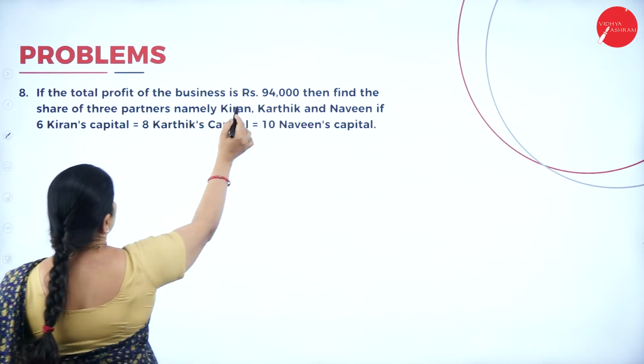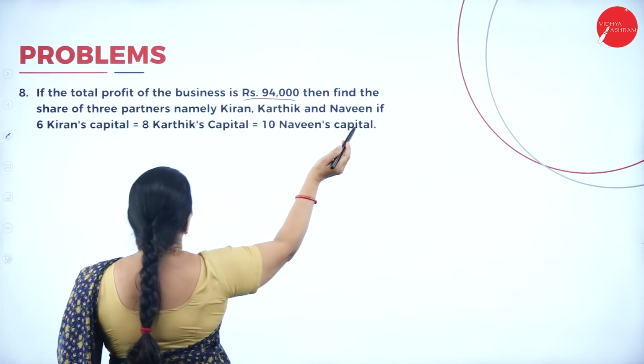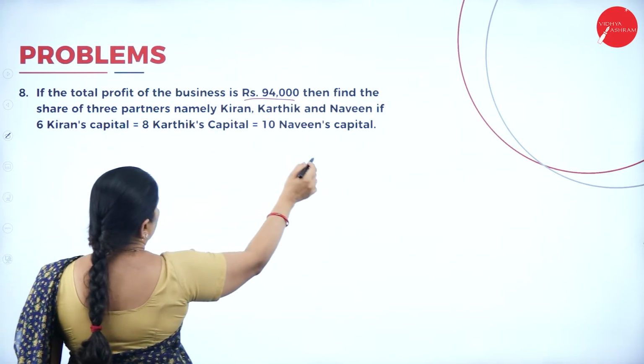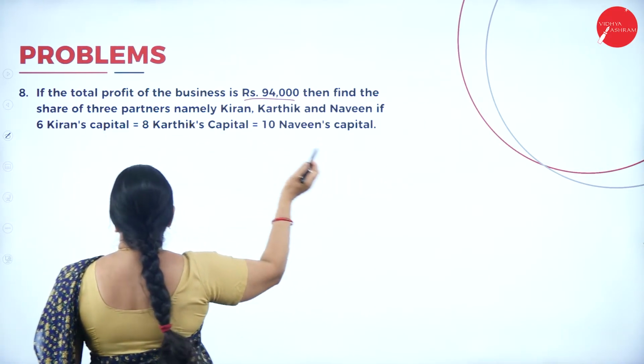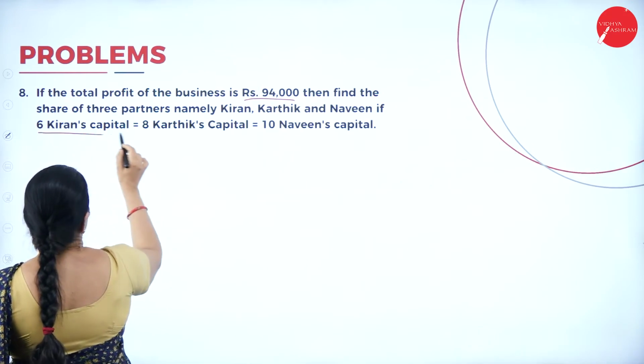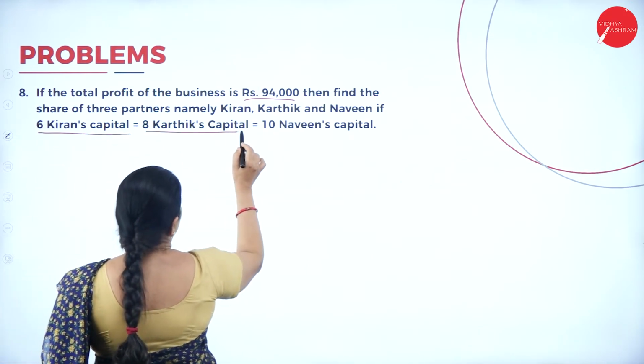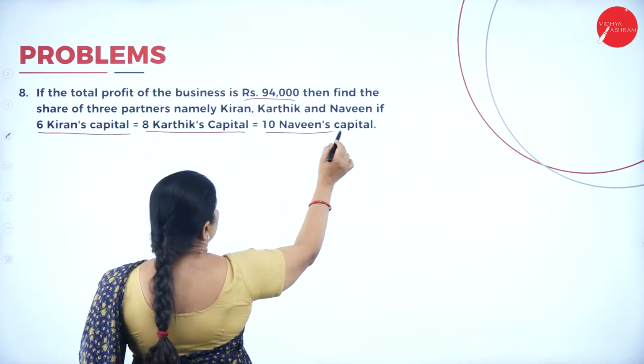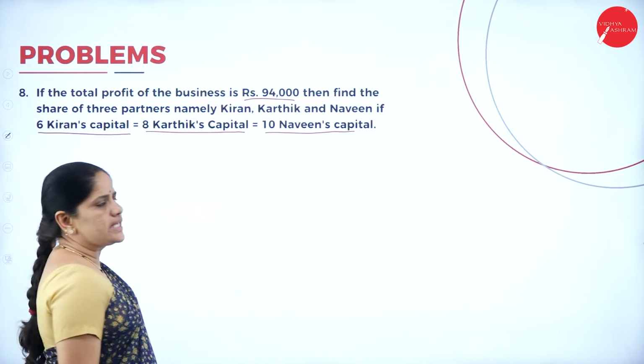If the total profit of the business is 94,000, then find the share of three partners, namely Kiran, Karthik and Naveen, if 6 times Kiran's capital equals 8 times Karthik's capital equals 10 times Naveen's capital.